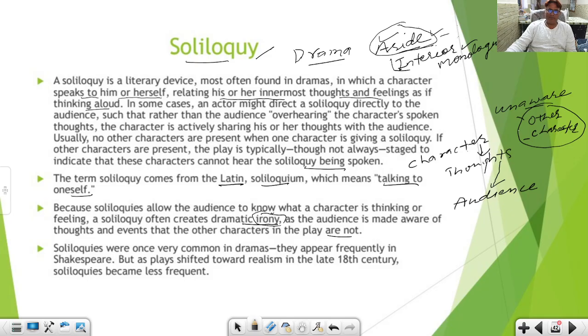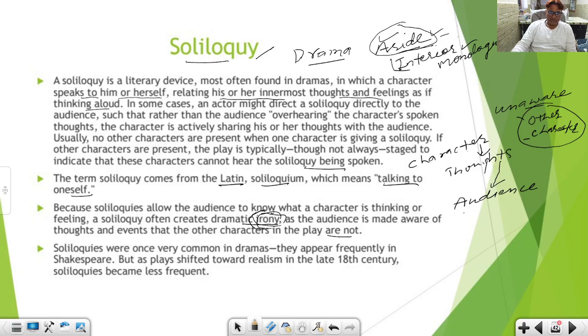So when the events take place in the drama, the audience is always well versed in what is going to happen, but they are ignorant, and this system creates what? Irony. This system creates irony. So we can say that soliloquy is always helpful in the creation of ironic situations during the performance of a play or drama.